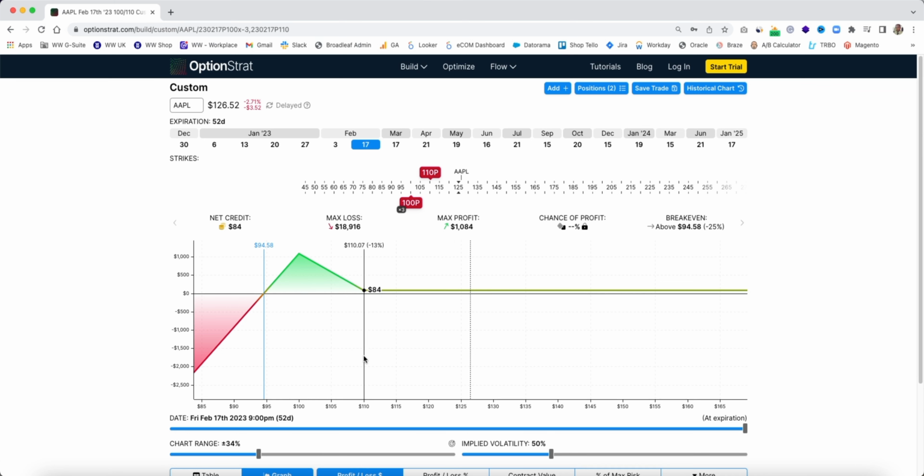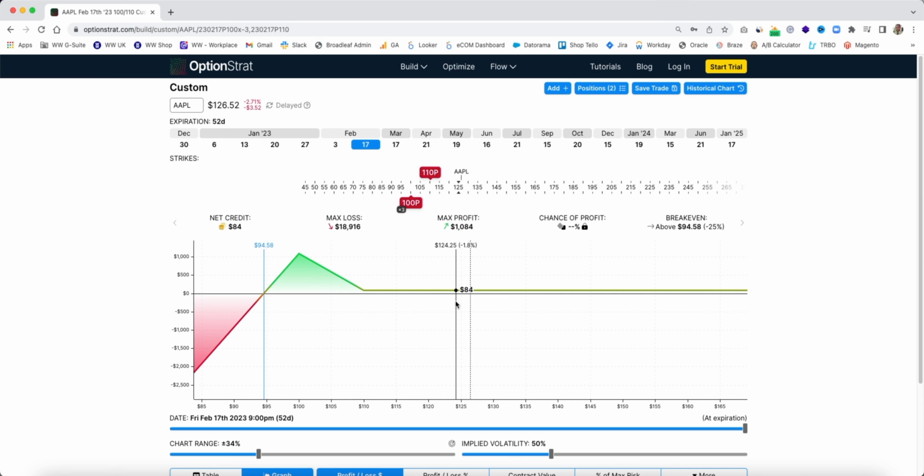So mine's going to be slightly higher than that by about 20 cents, so it'll be $94.70 or so, because I received less credit. But that means that, again, like I mentioned, Apple has to drop 25% at the date of expiration. So this is why you've got a massive range to work with.